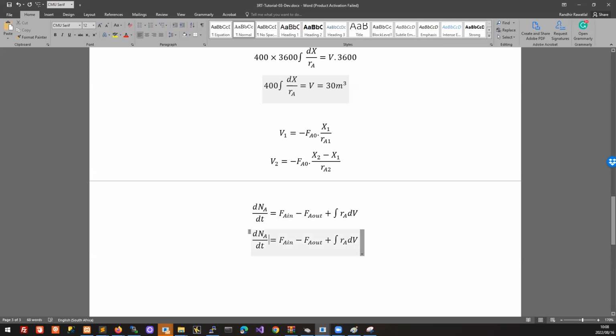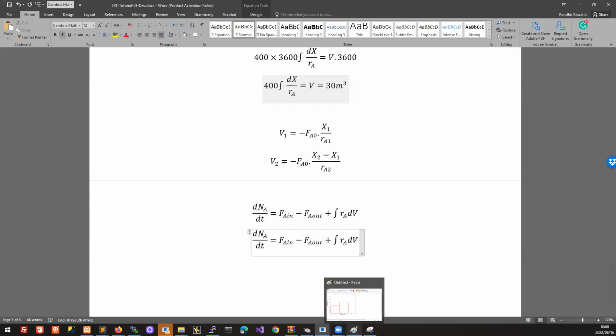And we know we are doing this at steady state. And on the second reactor, it's a CSTR, so R is a constant. So this is RA2, and this is volume 2.